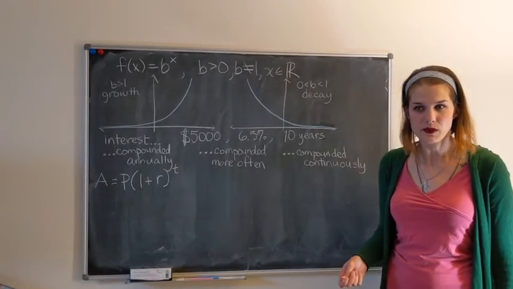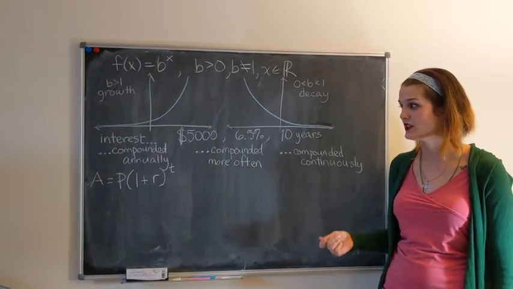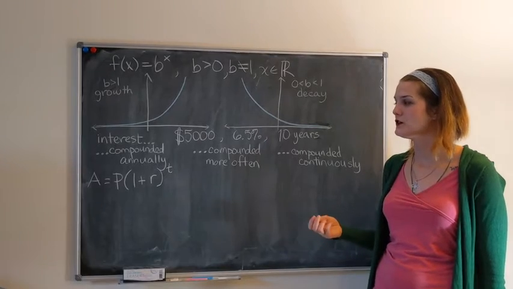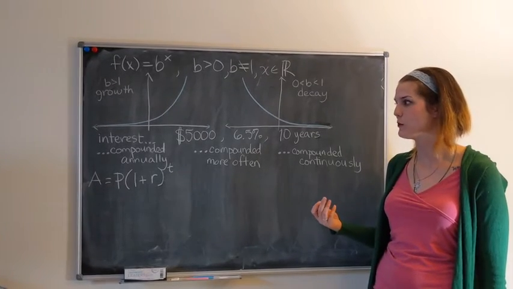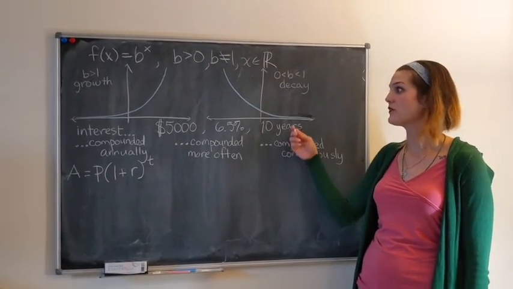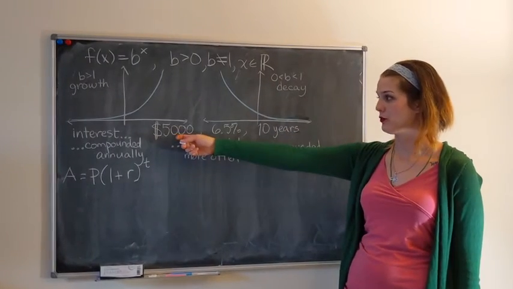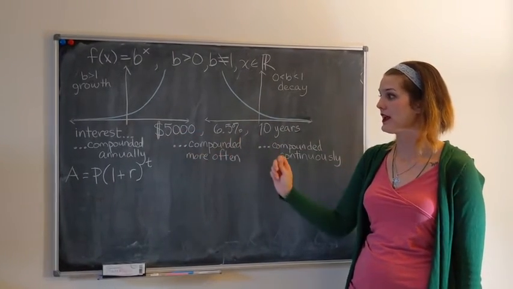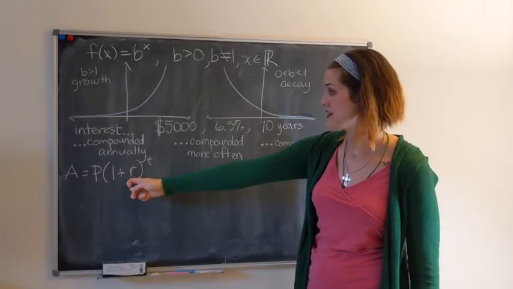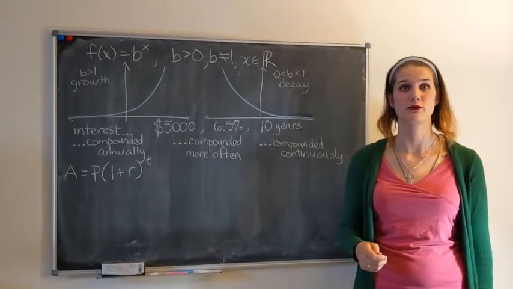So take a moment now, using this formula, see if you can find how much money will be owed on this loan after 10 years, given a principal loan amount of $5,000 and an interest rate of 6.5%.